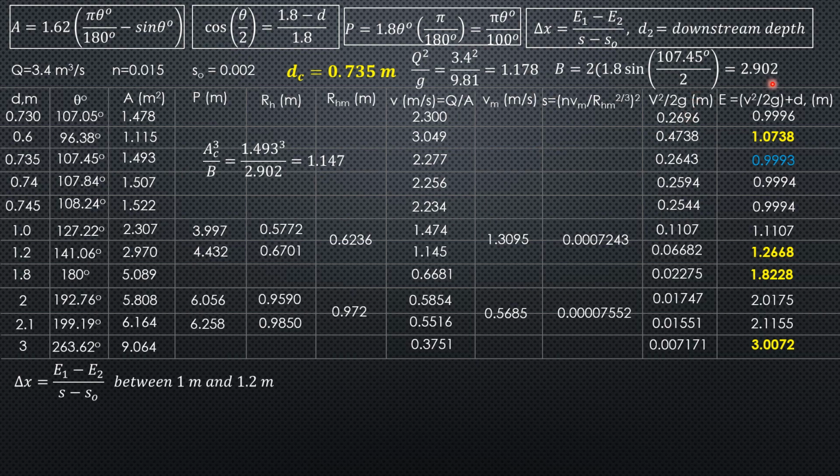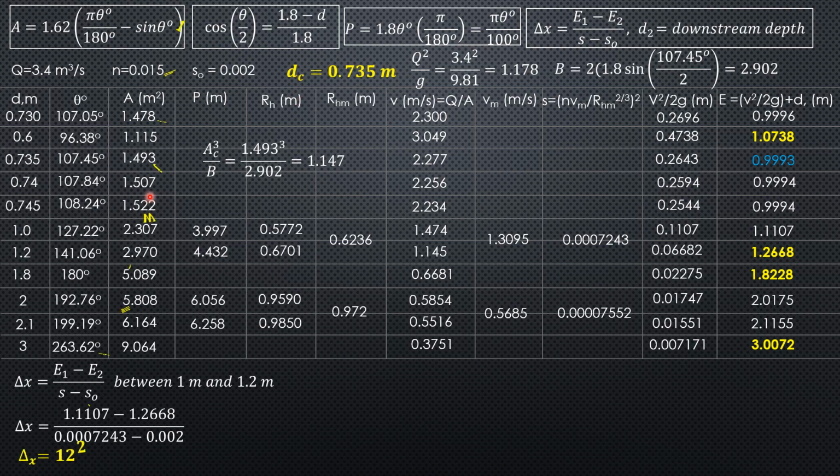That's the top width of the water surface. Then area critical cube over top width is 1.493 cube over top width 2.907, so it is 1.147. That's close to 1.178. This is 1.18. This is 1.15. So it's acceptable. So let's validate the answer of 0.735.